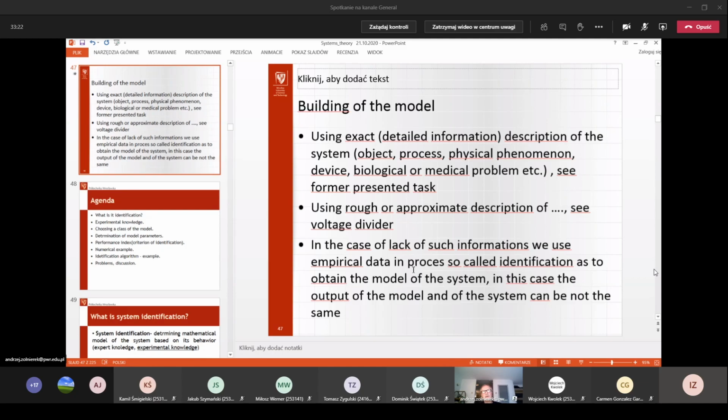Because on the output there is always the influence of disturbances, the noises, and the noises are changing, for example, randomly. So in the second moment, the values of these noises were different than for the first time, and so on.